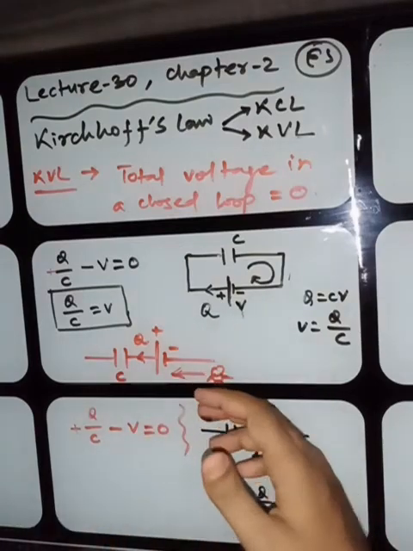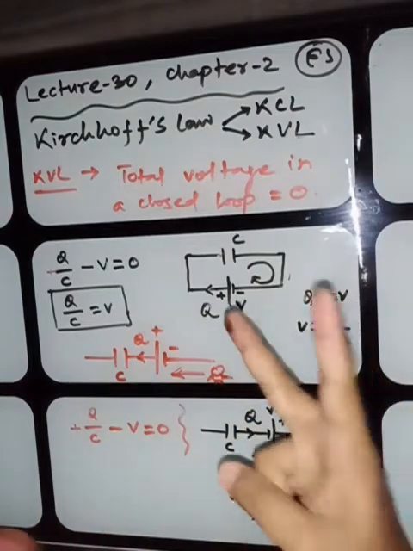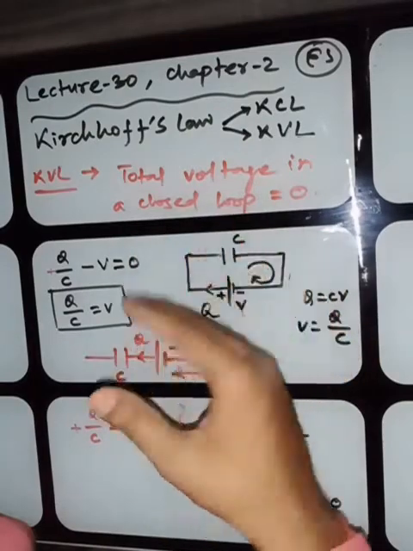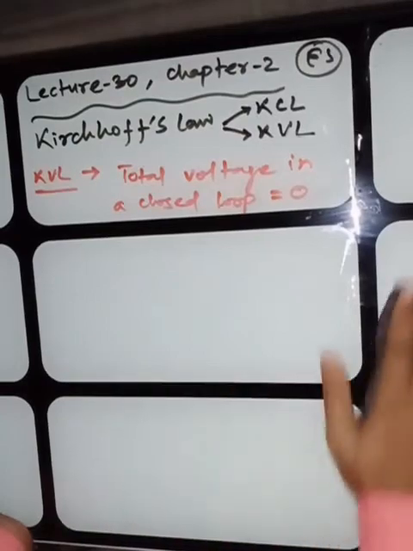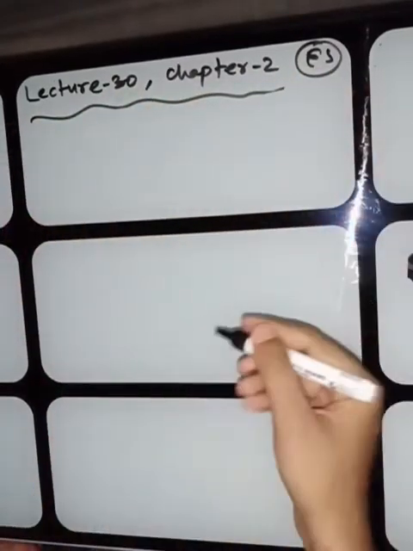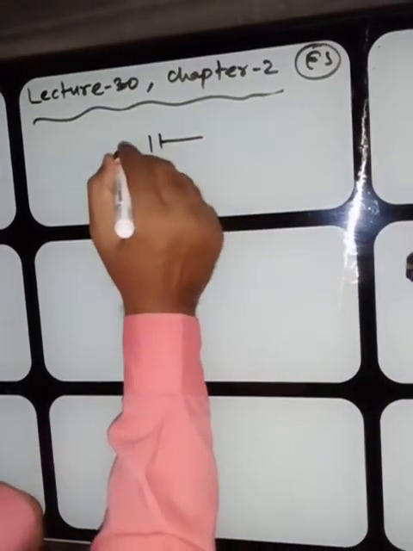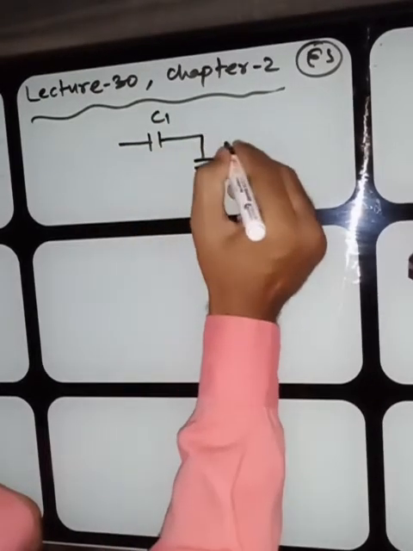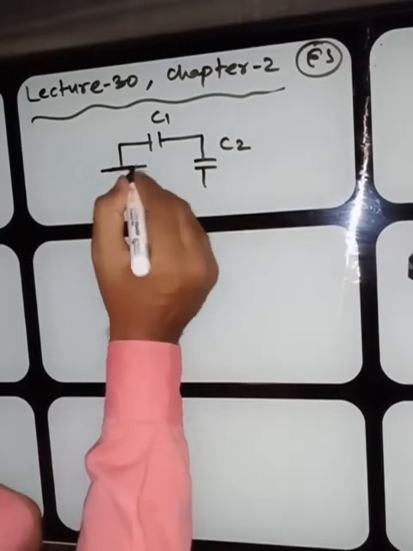I'm taking another example to explain this particular concept with two capacitors. In a circuit you might even find multiple batteries. Now here is another example with two capacitors, C1 and C2, and the battery.